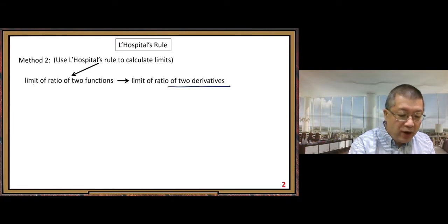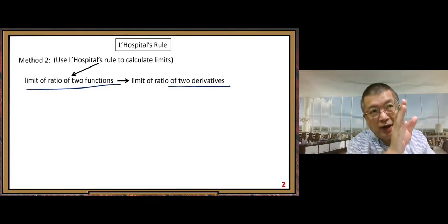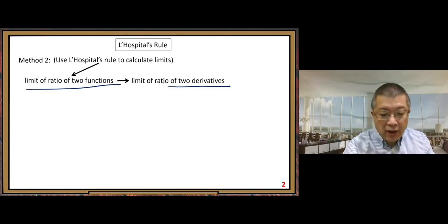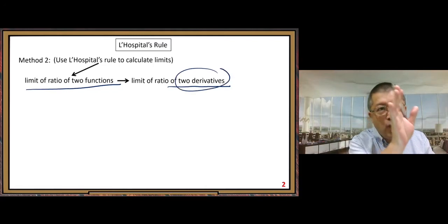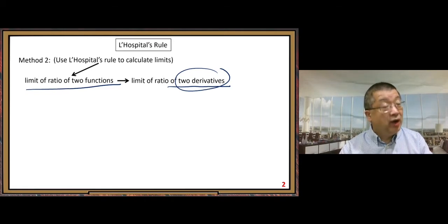Limit of the ratio of two original functions, when you try to find it, you can calculate the limit of the ratio of their two corresponding derivatives. That's a powerful method using derivatives.